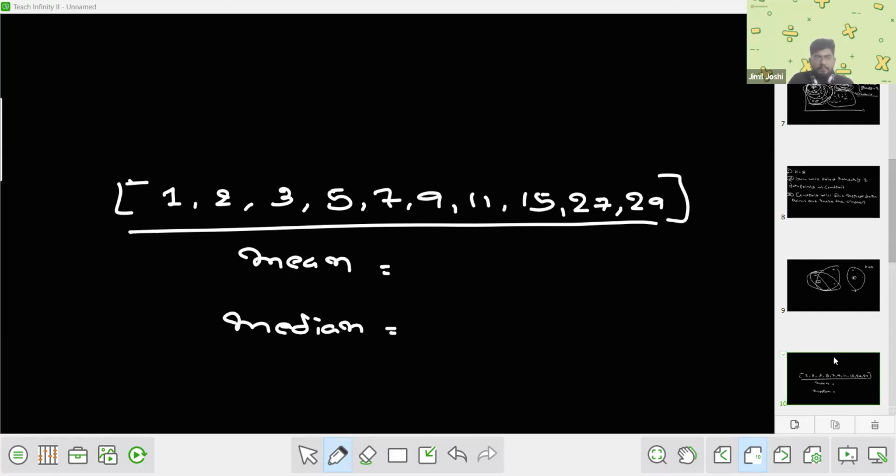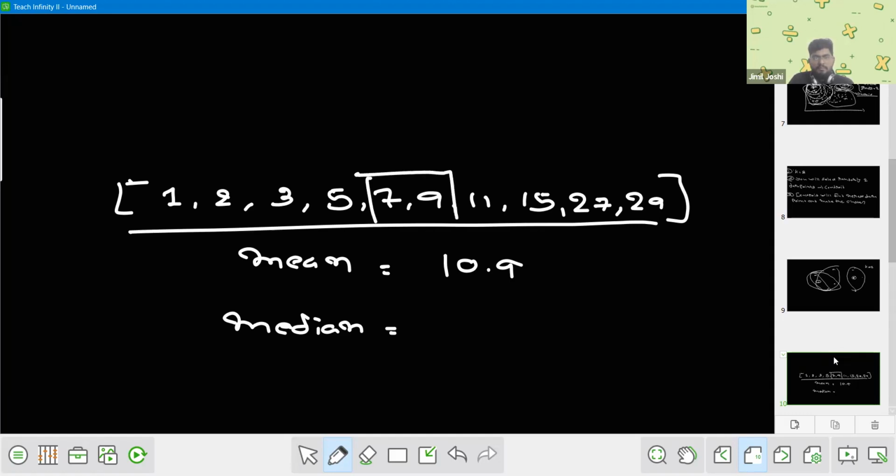Yeah. Okay. What will be the median of this data? 7 plus 9 by 2, right? 9 plus 7 by 2. Okay. So it will be 16 by 2, right? Means 8 is the median.